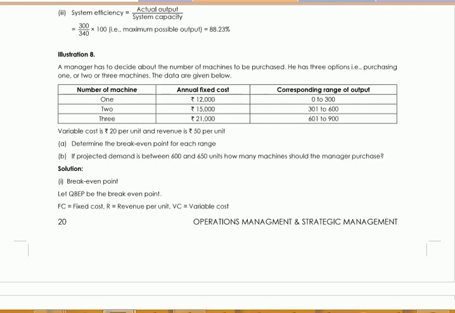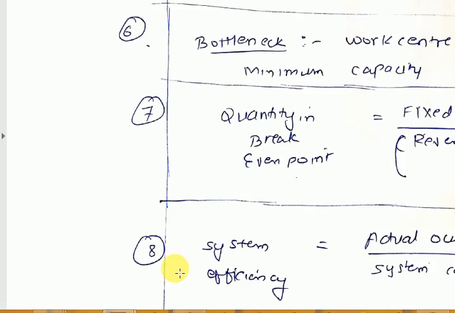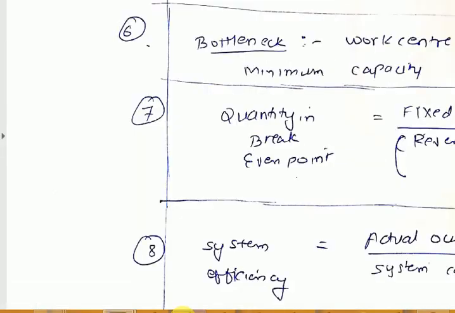The formula used for finding the break-even point is formula number 7 of the list of formulas in my previous video. Formula number 7 is fixed cost upon revenue per unit minus variable cost per unit. If we use this formula, we can get the break-even point for all the machineries.